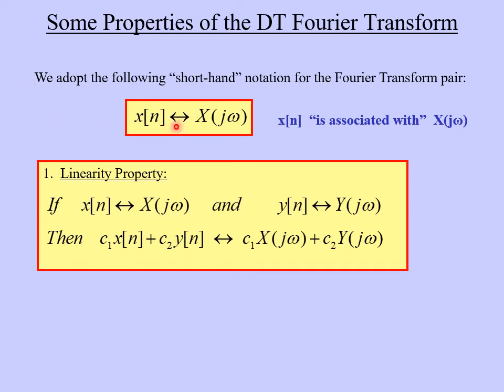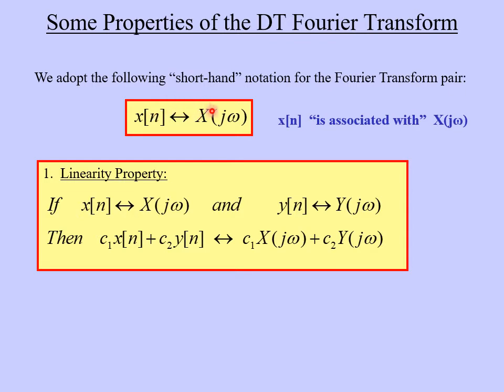Whenever we have a Fourier transform pair, on the left side here, this is the time domain version, so x of n is a sequence. And on the right side is the frequency domain version. This is the Fourier transform, x of j omega.